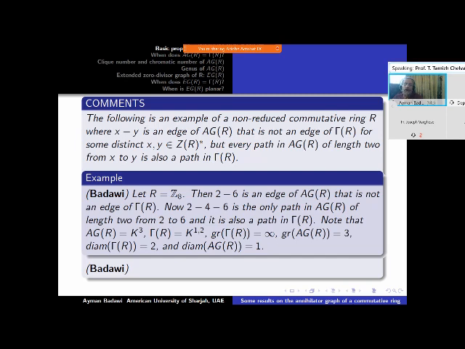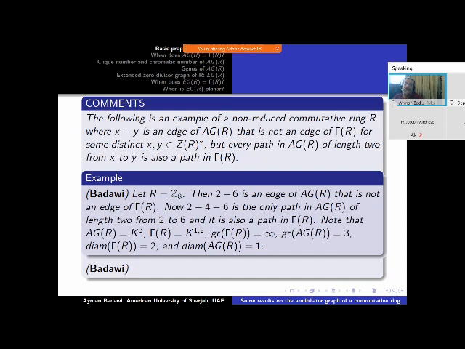Definitely. Why? How do you check that? Well, you need to check that the annihilator of 2 times 6, which is 4, the annihilator of 4 in Z8 will not be equal to the annihilator of 2 union the annihilator of 6.